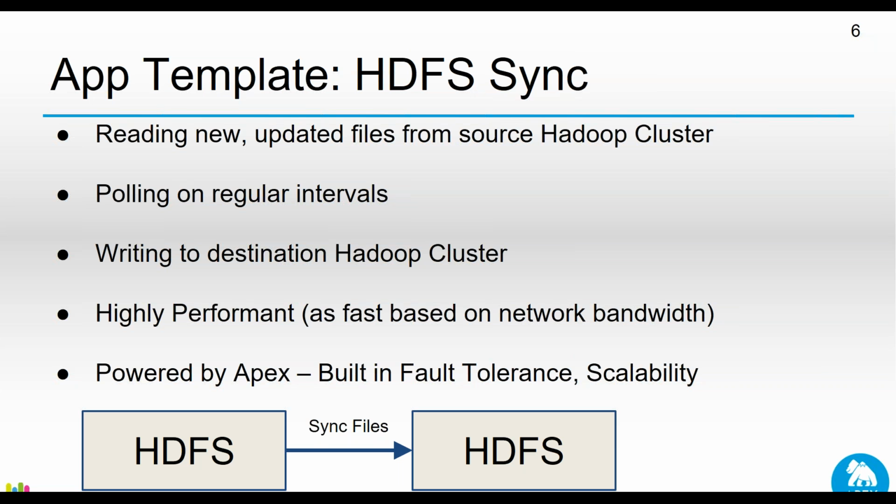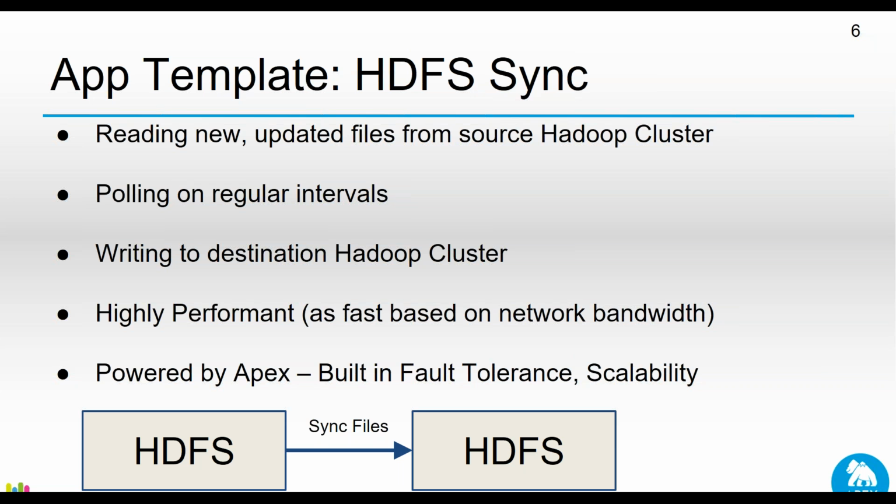On a configurable basis, it reads the new and updated files from the source cluster. It could be any directory, and you could provide a regular expression for the kind of files that you would want to read. Then it keeps on writing on this regular basis as long as there's nothing wrong with your cluster and RTS is running properly on Hadoop. It keeps continuously writing to the destination cluster.